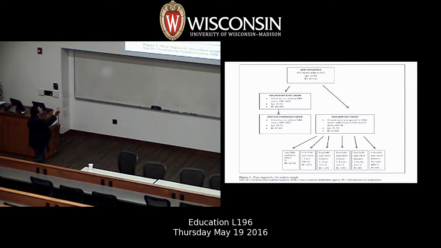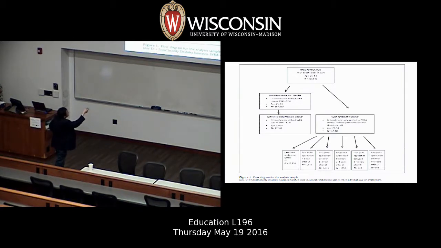So we take the prime working age people who were receiving DI, SSDI in 2000. We look at those who never received stable rehab services, and also a group of SSDI recipients who actually received stable rehab services. From this group, we match using certain demographic characteristics to find a matching group that did not receive stable rehab services.